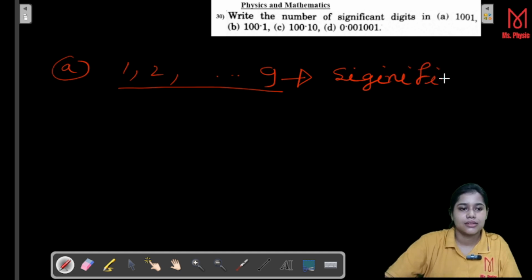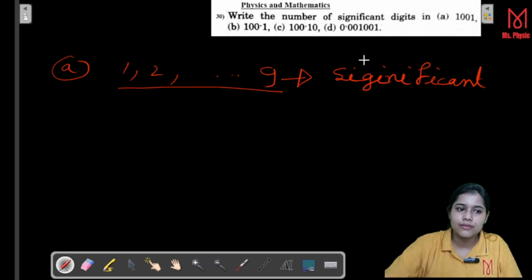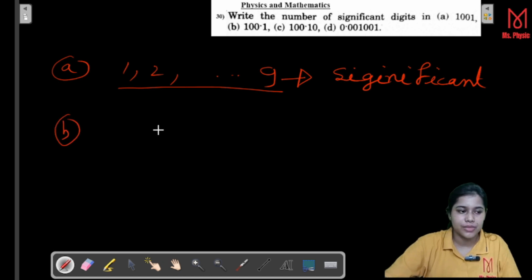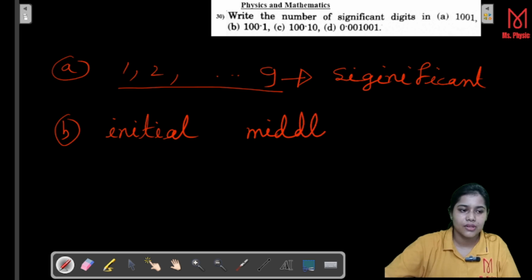But does it mean that zeros are always non-significant? Not really. Actually, there are 3 places where 0 can be. First is initial, it can be at the initial place, then it is at the middle, and then it can be at the end also.